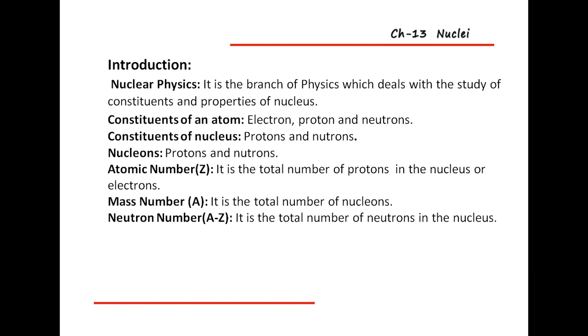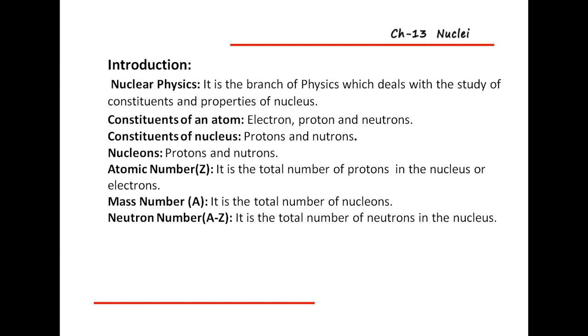The total number of protons in the nucleus is known as the atomic number and is denoted by Z. Next is the mass number, denoted by A. It is the total number of nucleons. So the total number of nucleons is known as the mass number.